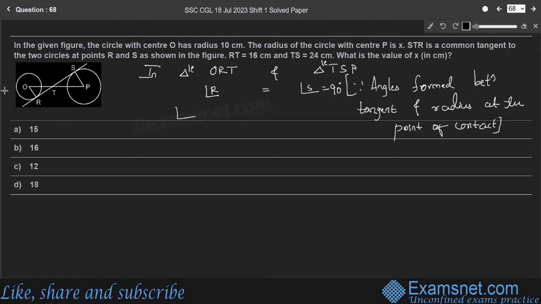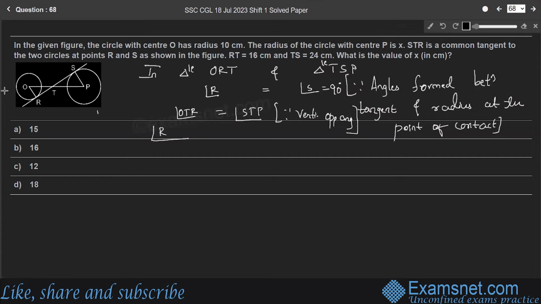Whereas angle OTR, the angle at T in triangle ORT, is equal to angle STP because of vertically opposite angles.